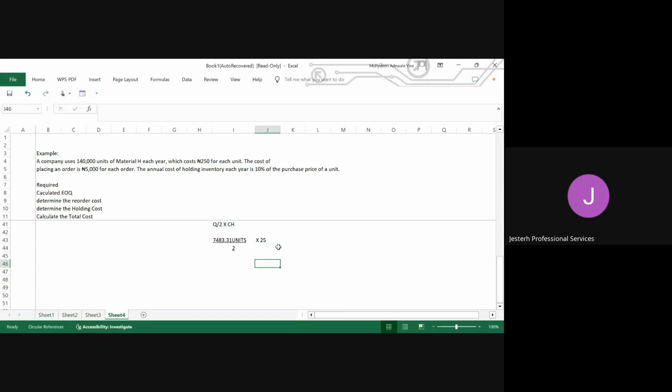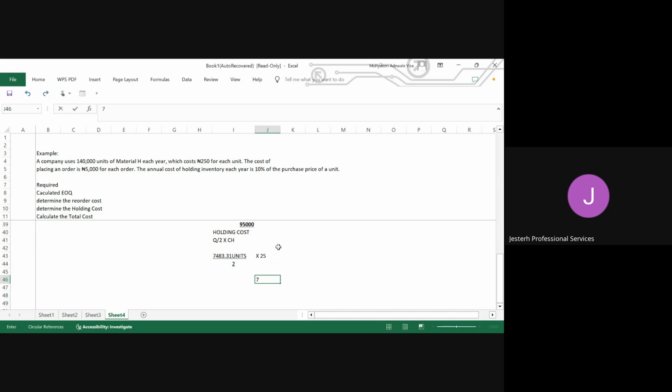Now you want to know how much they are going to spend to hold these costs in their factories. That is the reason why we are determining these holding costs.